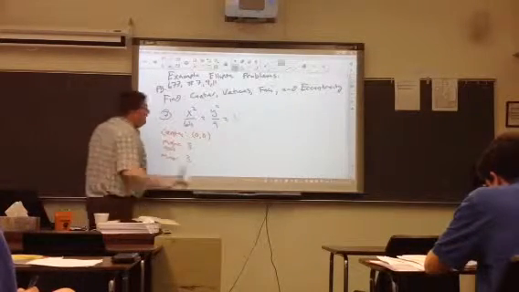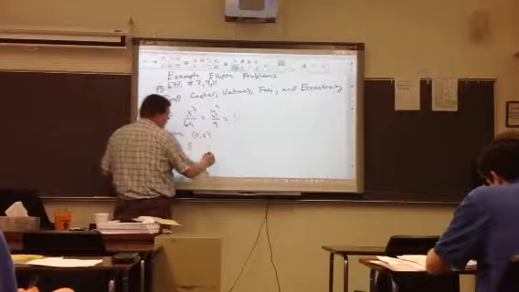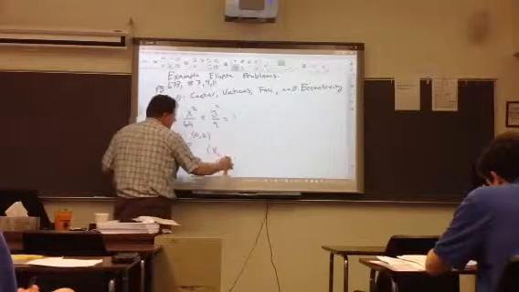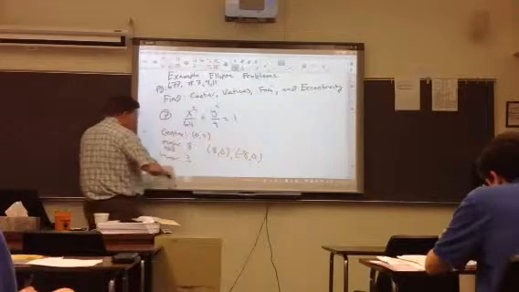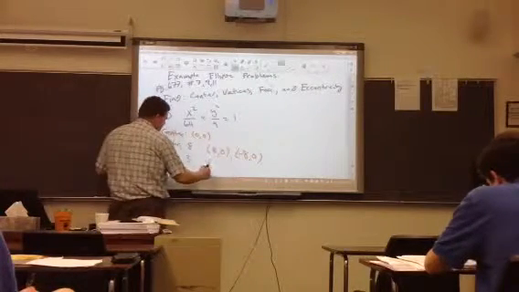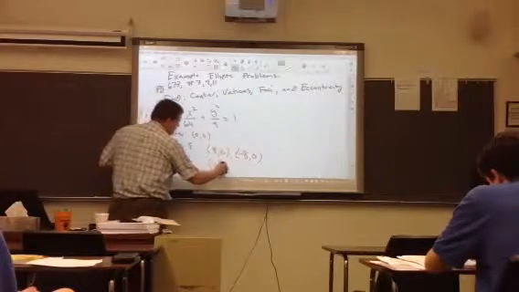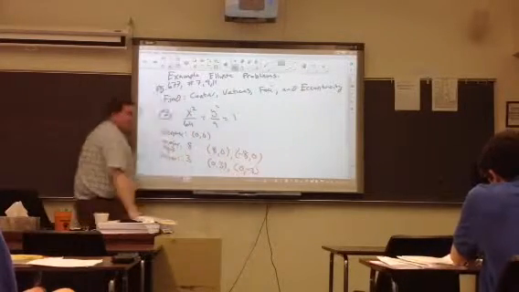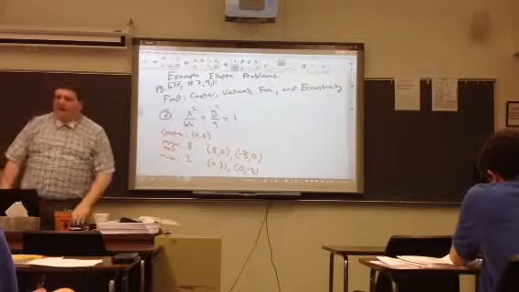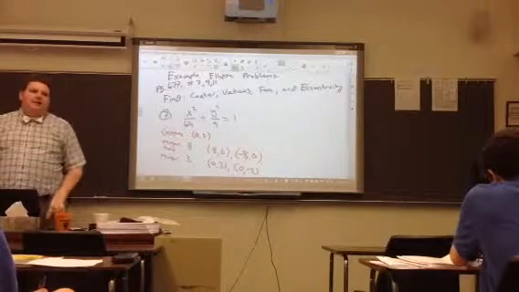So I'm going to have 4 vertices. The first one will be at 8, 0. The next one will be at minus 8, 0. The two that correspond to the minor axis would be 0, 3 and 0, minus 3. Everyone see how that works?